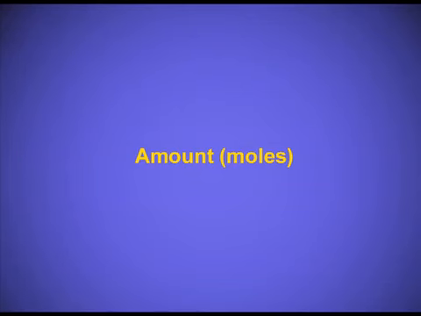Amount or the mole. To define amount, first we must know what 1 mole is. You have studied in Unit 1 that 1 mole is a collection of 6.023 × 10^23 particles. These particles can be atoms, molecules or ions. It is also known as Avogadro's number.